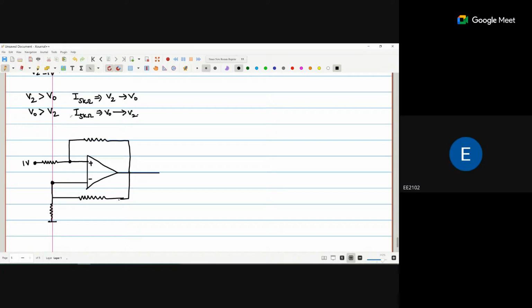The current inside this one is 0. But current from this one is not equal to 0. Why? Because there is one path created. Understood? Yes, sir.